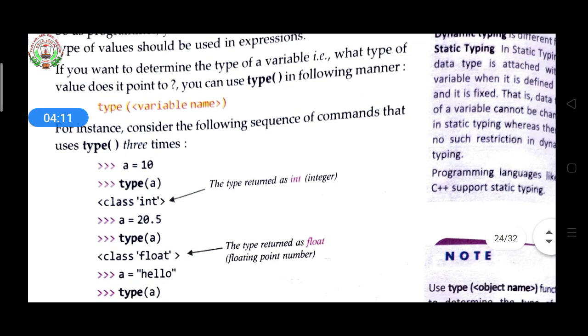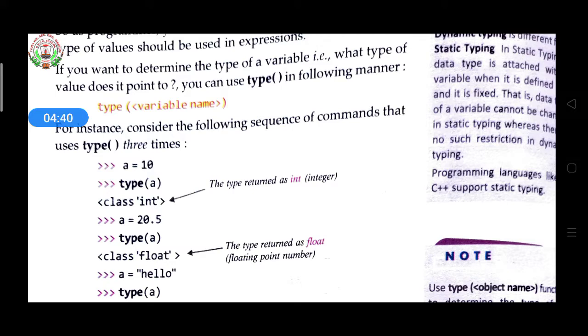Here it is given a equal to 10. So a equal to 10 means under the variable a, 10, an integer number, is stored. If you don't know the type of value stored in a variable, you simply write type and in the function brackets call that variable. It is written a, and it will show its class is integer.